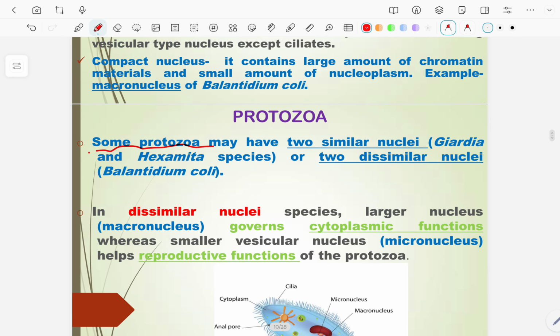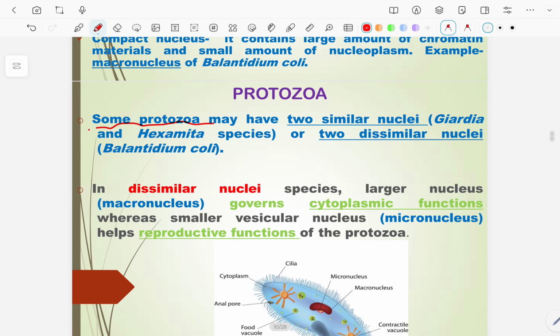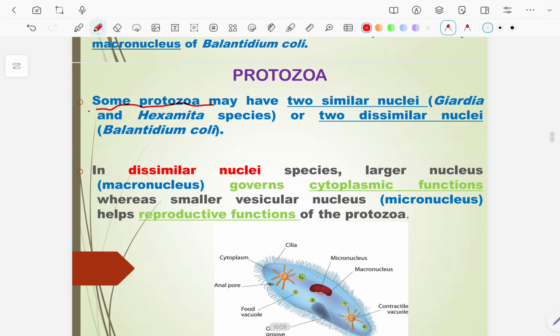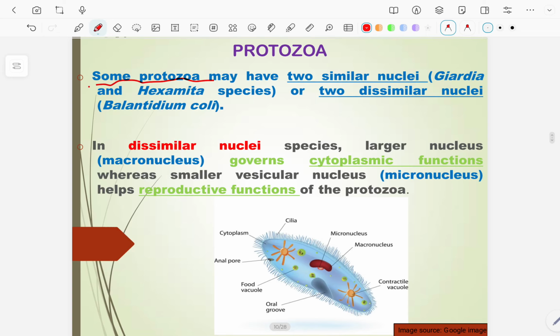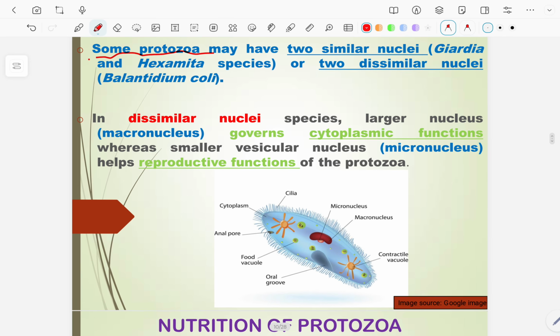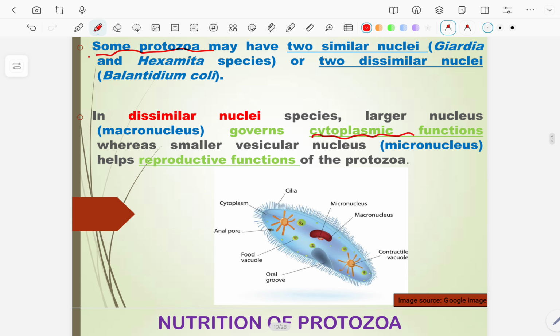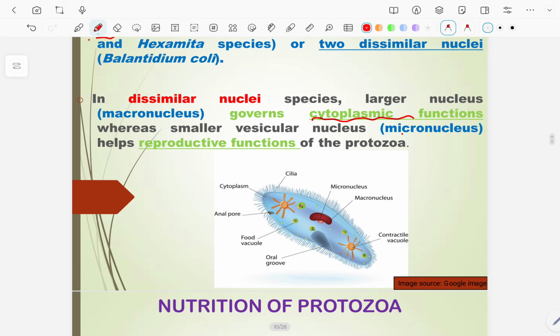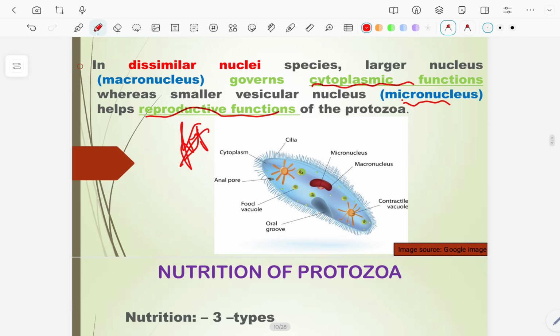Some protozoa may have two similar nuclei, Giardia and Hexamita species, or two dissimilar nuclei, Balantidium coli. In dissimilar nuclei species, the larger nucleus, macronucleus, governs cytoplasmic function, whereas the smaller vesicular nucleus, micronucleus, helps the reproductive function of protozoa.